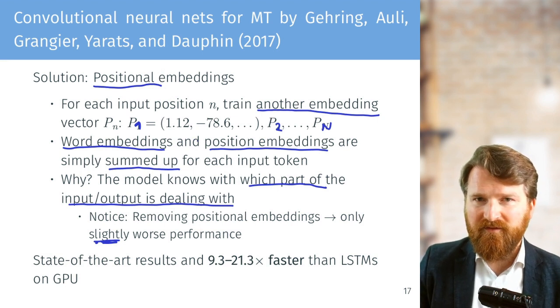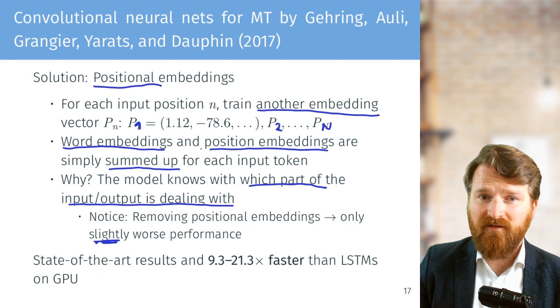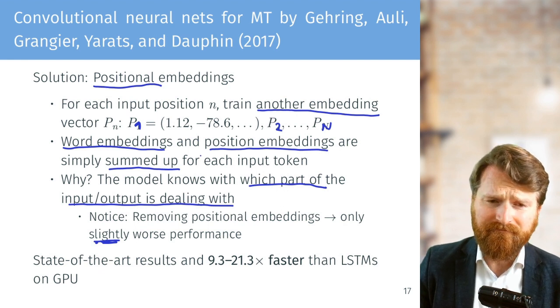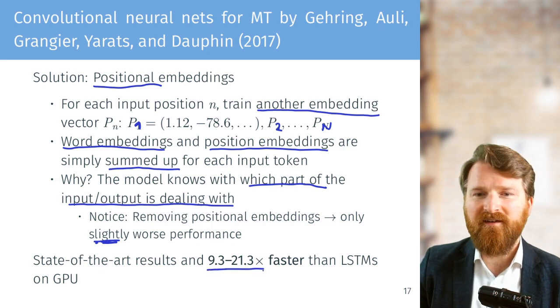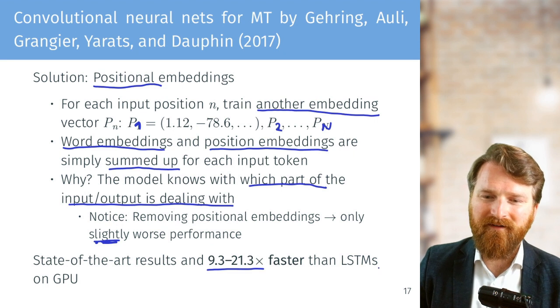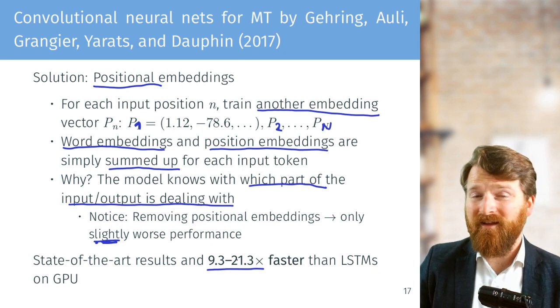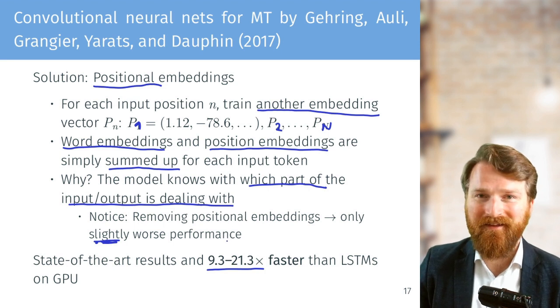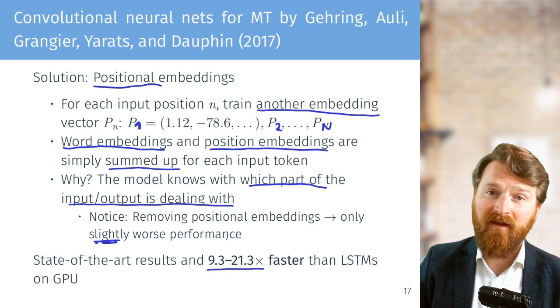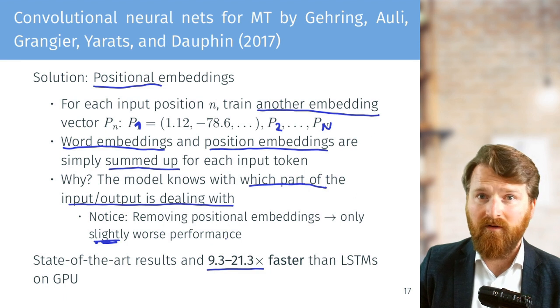The cool thing about using CNNs for machine translation in this paper was that they were able to get state-of-the-art results, but these were up to 20 times faster than recurrent neural networks, than LSTMs, on GPU. If you have a model that is 20 times faster, it's a big deal, because you can train much larger models, much longer, and so on.